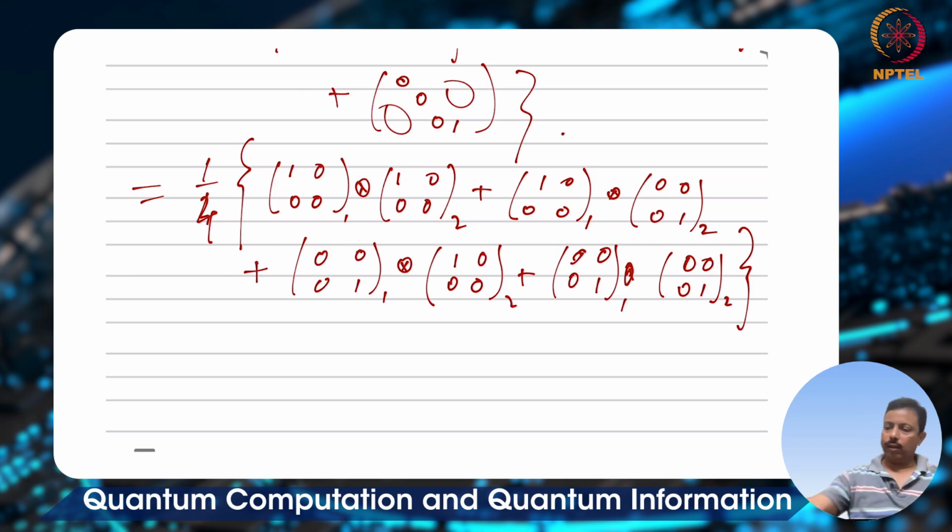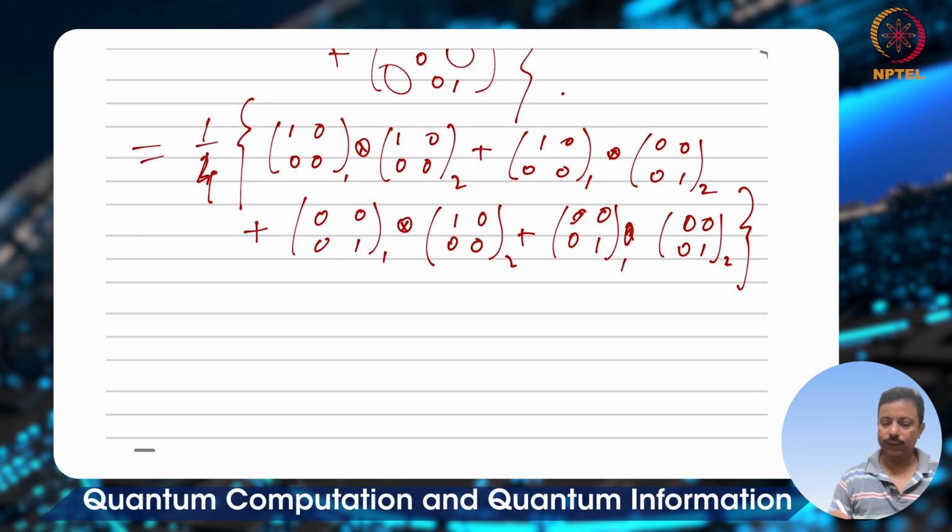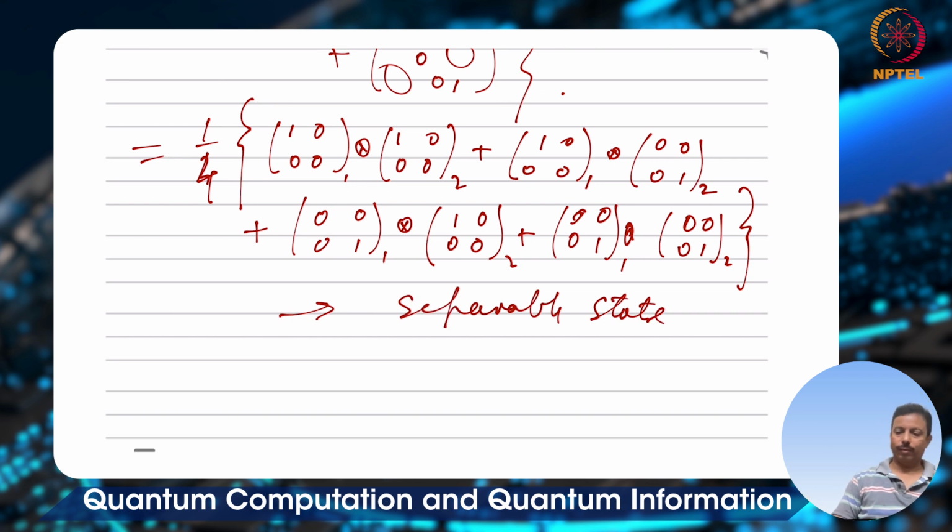Okay, now this is the interesting thing. This is written as something called a convex sum. So let me tell you, this is a separable state, whereas at t equal to 0 it was an entangled state; t goes to infinity is a separable state. So how can you examine this and say this is a separable state?